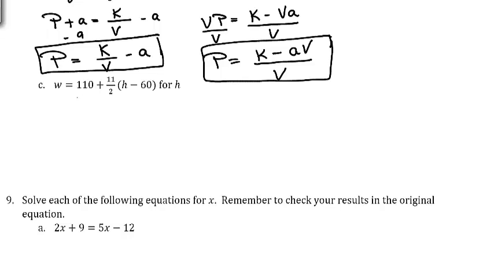In our next one here, we have W equals 110 plus 11 halves times the quantity H minus 60, and we want to solve this for H. Okay, so we're trying to get this H alone. So the first thing that I'm going to do is subtract 110 from both sides.